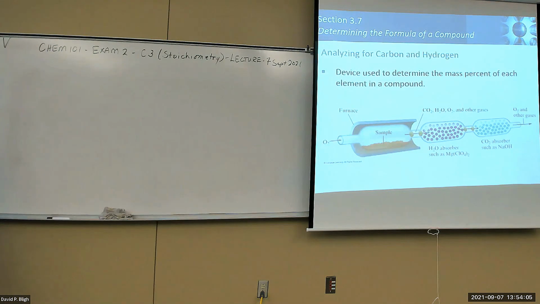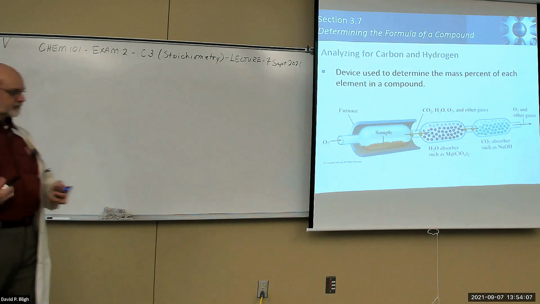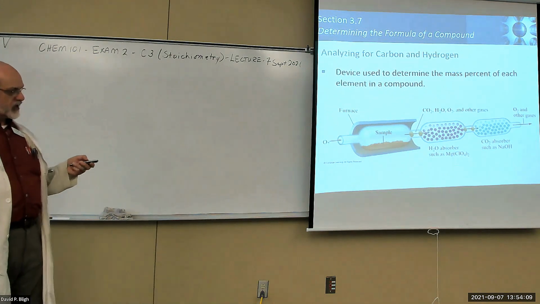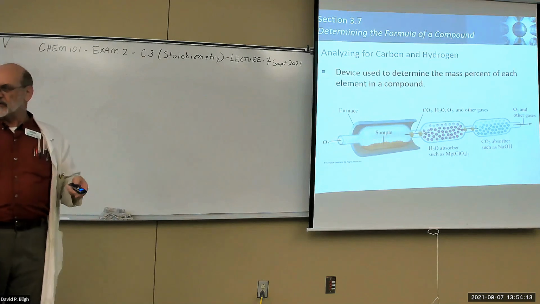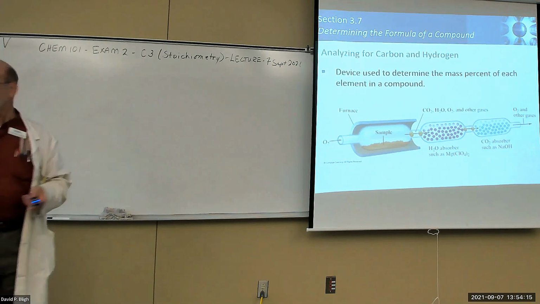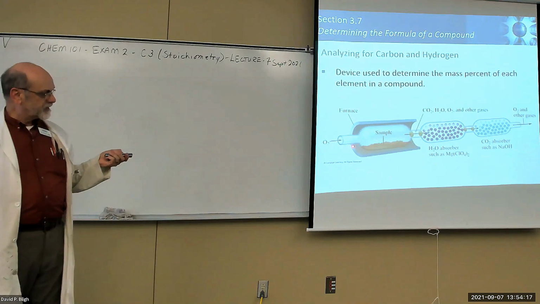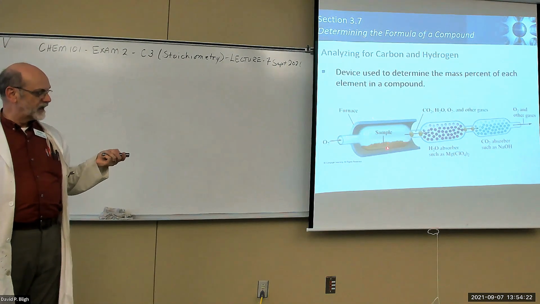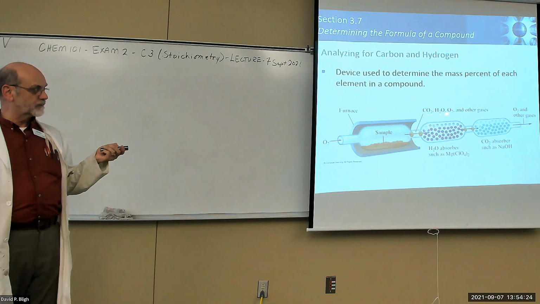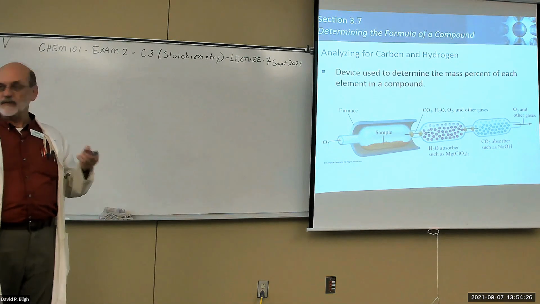Okay. Well, this is what's known as a combustion chain. You drive oxygen through your sample, and it's usually an organic sample. It's combusted with all this extra oxygen in this furnace, and it produces carbon dioxide and water, and extra oxygen and some other gases.